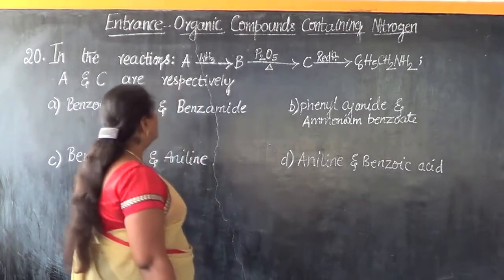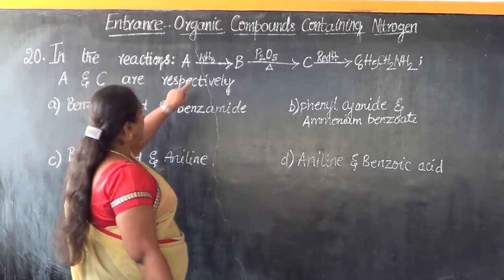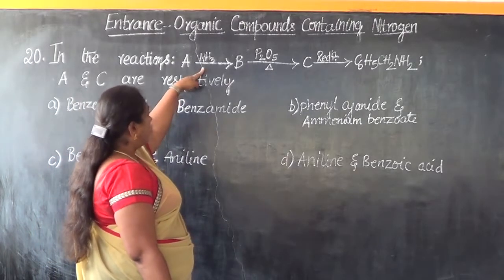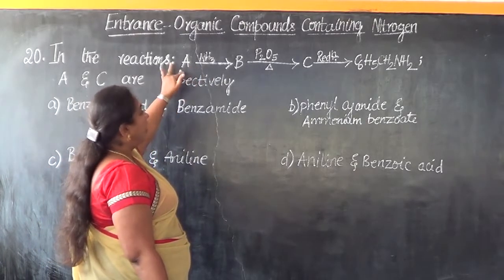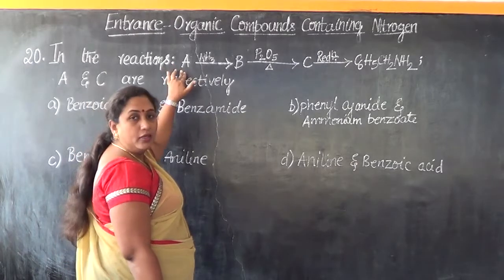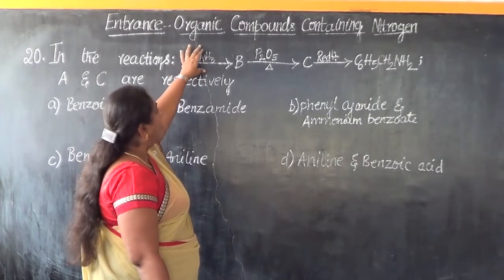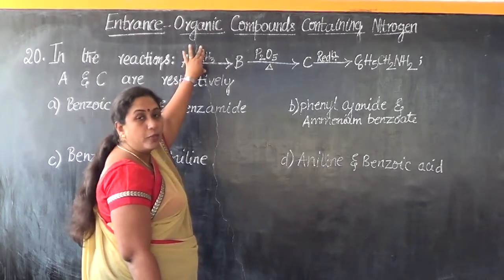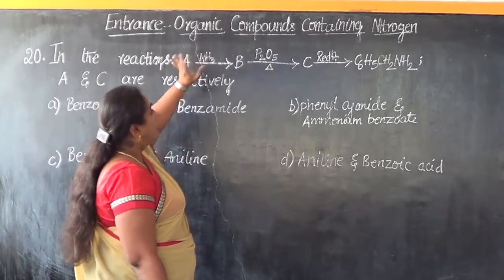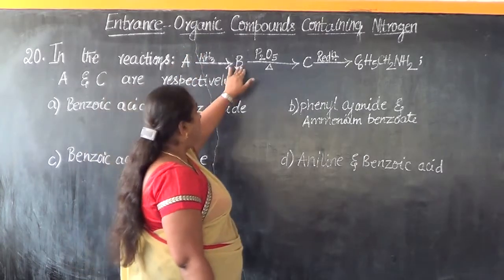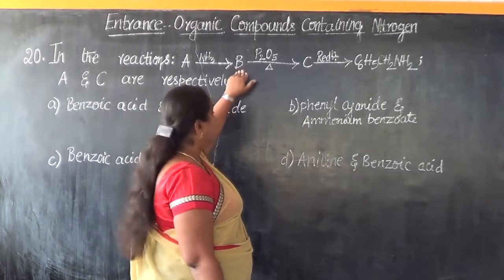Now here our focus point is NH3. So therefore NH3 is adding to some constituent. To which constituents can ammonia be added? That's the point to be thought about. Then we get a B, that will be an addition product.